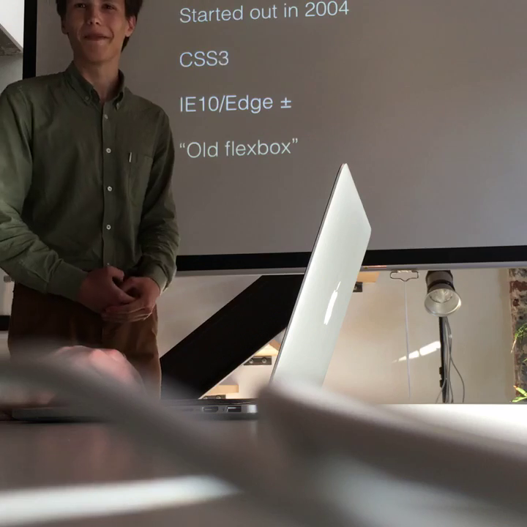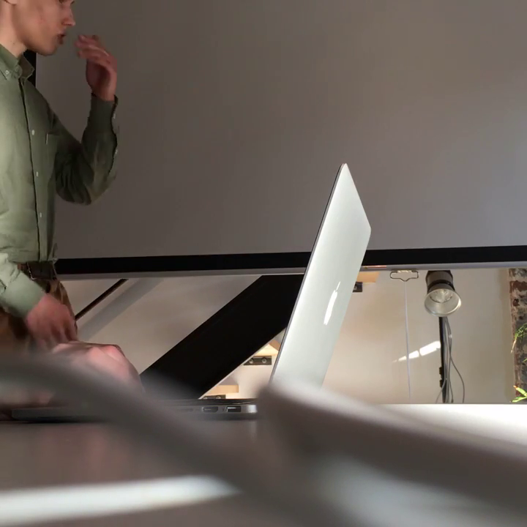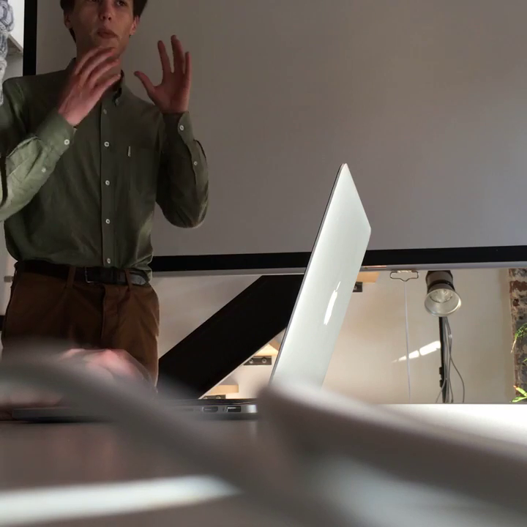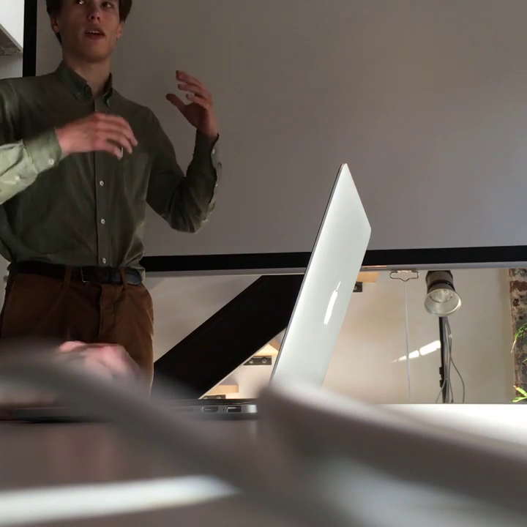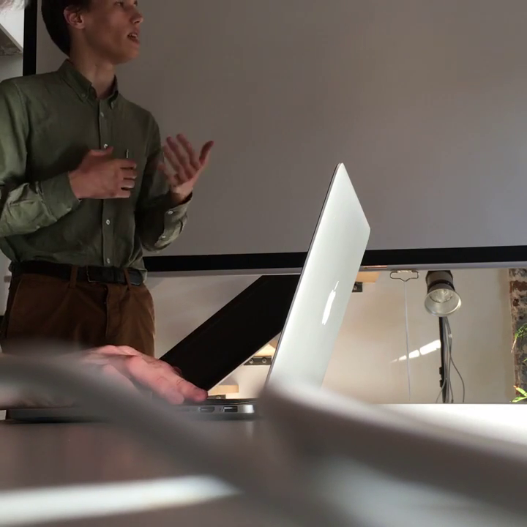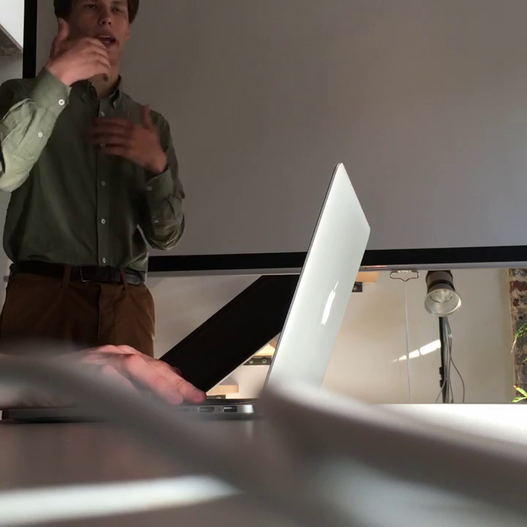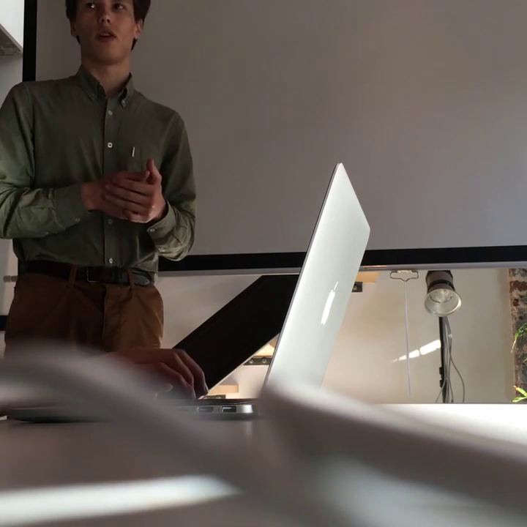So Flexbox is a group of CSS properties. You can define a container in which you have, for example, rows or columns or lists of elements, and then you can easily display them flexibly.